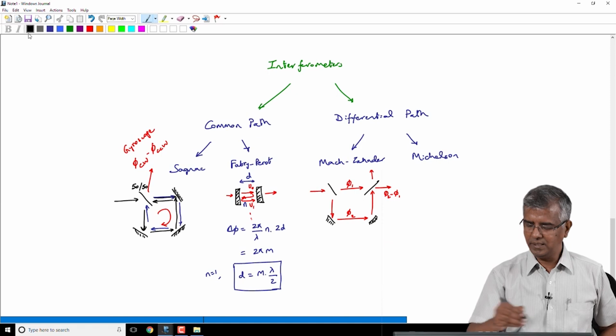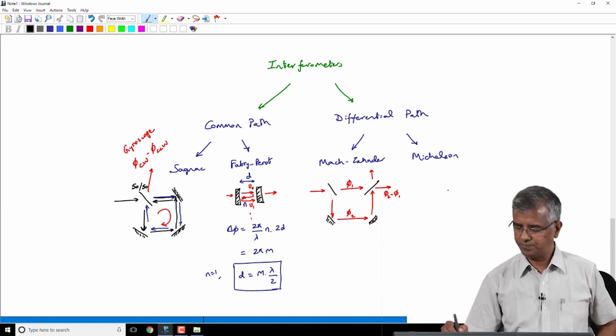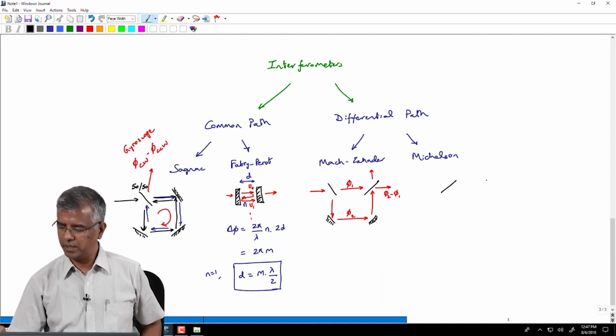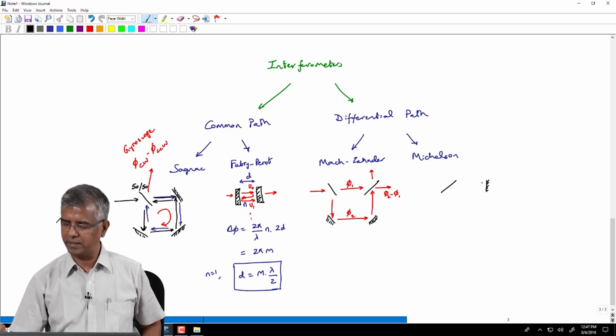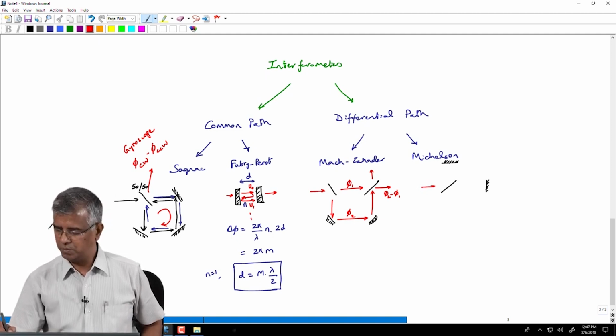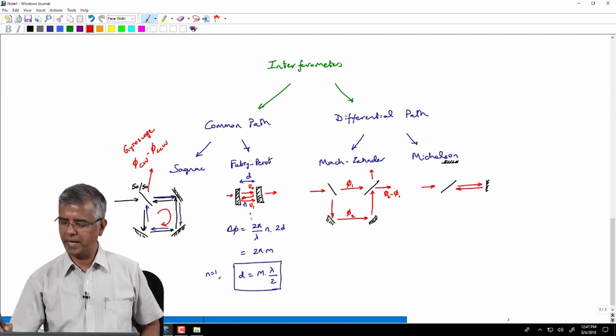Now, the Michelson configuration is similar to the Mach Zehnder, except it's similar in the sense that it has a 50-50 splitter. But in this case, what happens is you put a mirror that reflects straight back, and similarly in this arm you put another mirror that's reflecting straight back. So, if this is my incoming beam, 50% of it goes this way and it's reflected back.